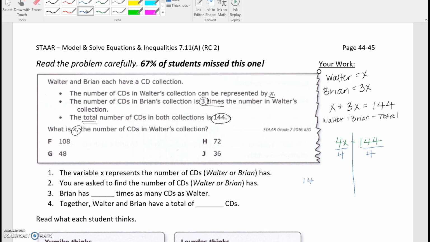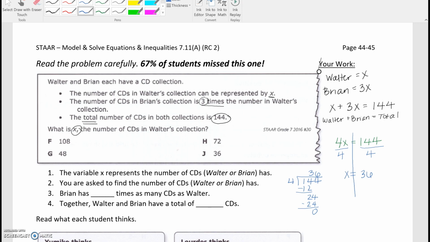So I have 144 divided by 4. 4 times 3 is 12. 14 minus 12 is 2, so I have 24. 4 times 6 is 24. So that's 0. So x is equal to 36, right?